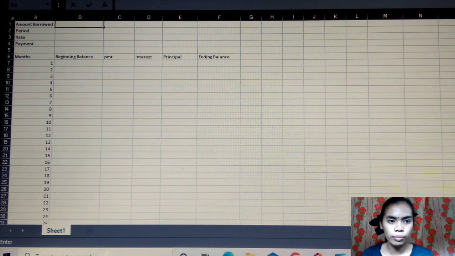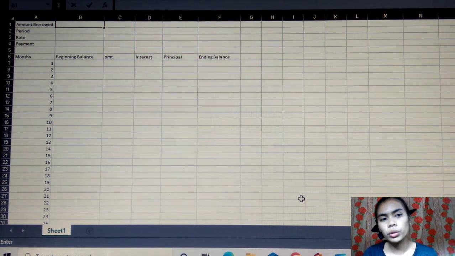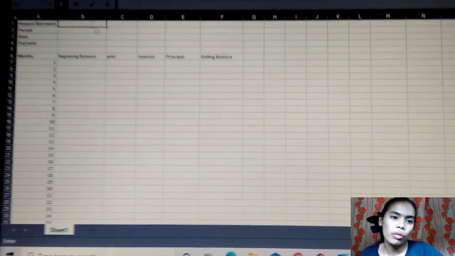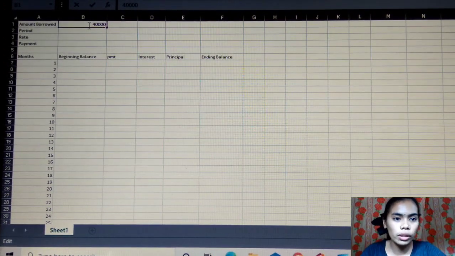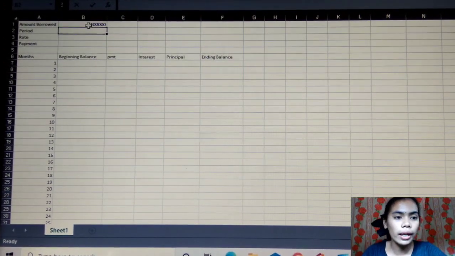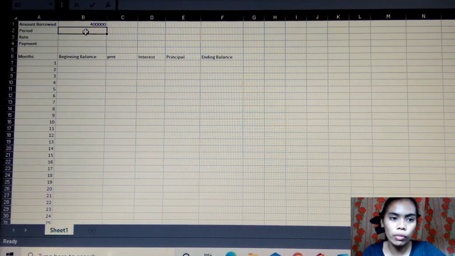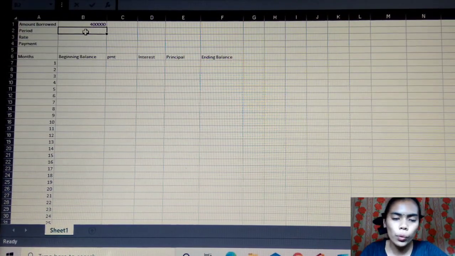The amount borrowed is 400,000, and our period is time times the frequency of conversion, so we put an equal sign.